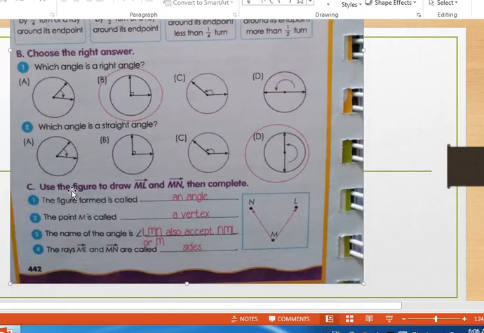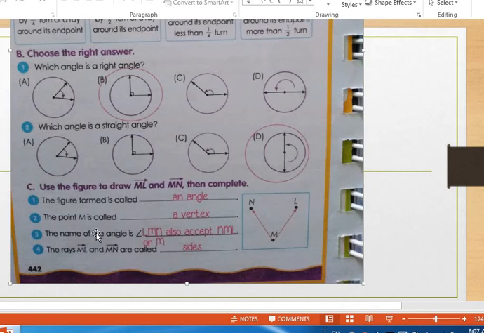Use the figure to draw rays ML and MN. Don't forget to say ray. Then complete. The figure formed is called an angle. In between we have angle M. So the point M is called the vertex.